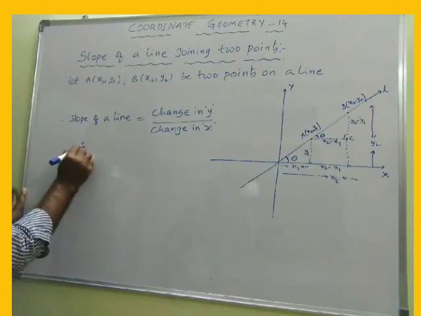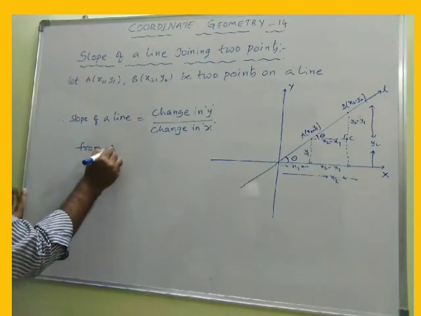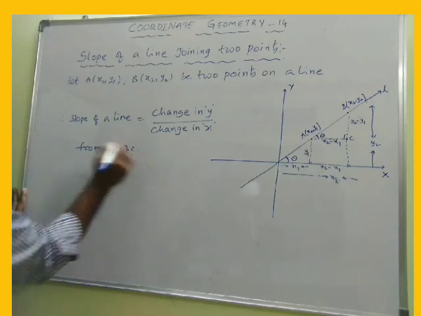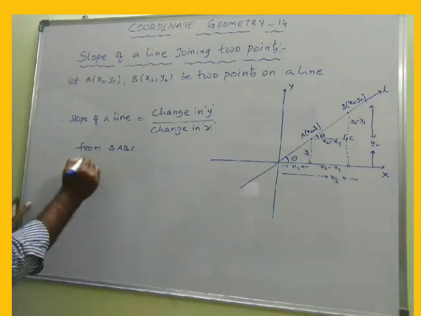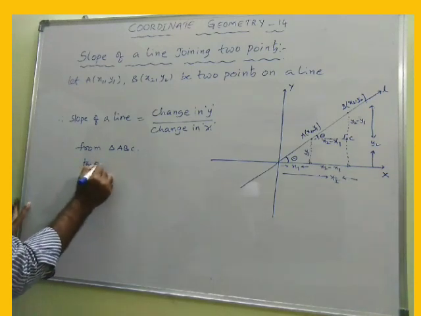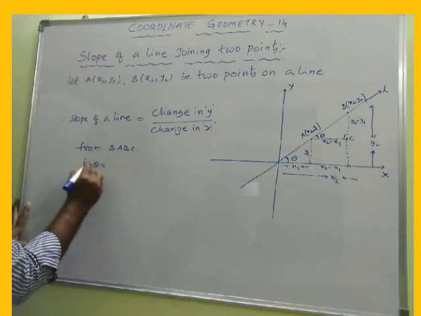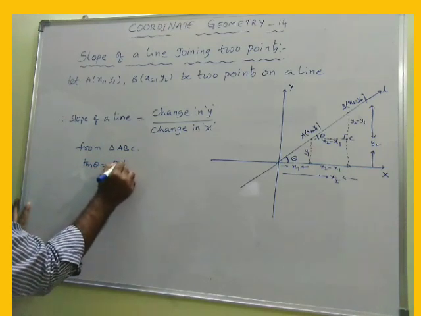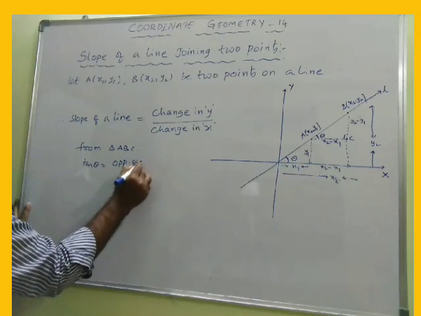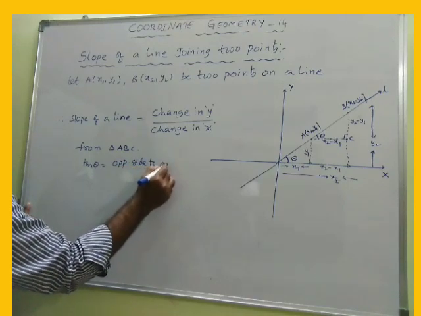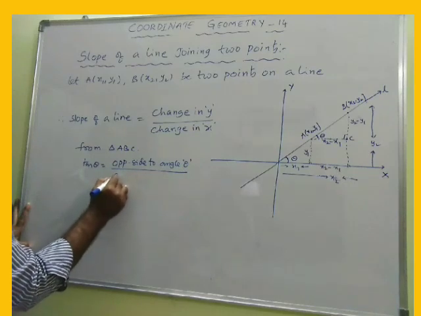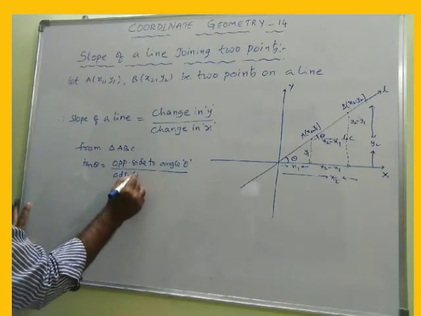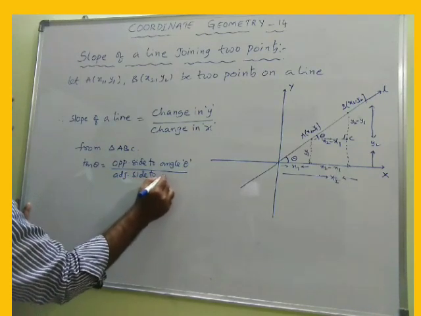So coming to triangle ABC, since triangle ABC is a right angle triangle, tan theta is equal to, basically the definition of tan theta, the opposite side to angle theta by the adjacent side to angle theta.